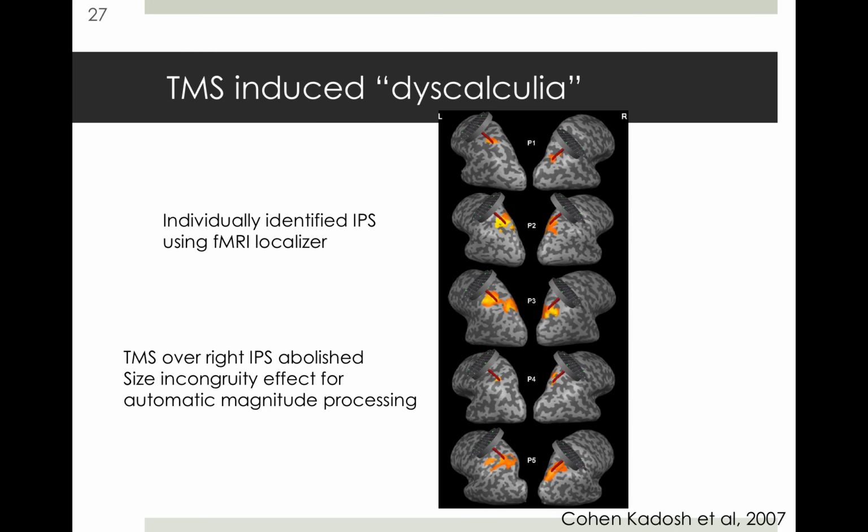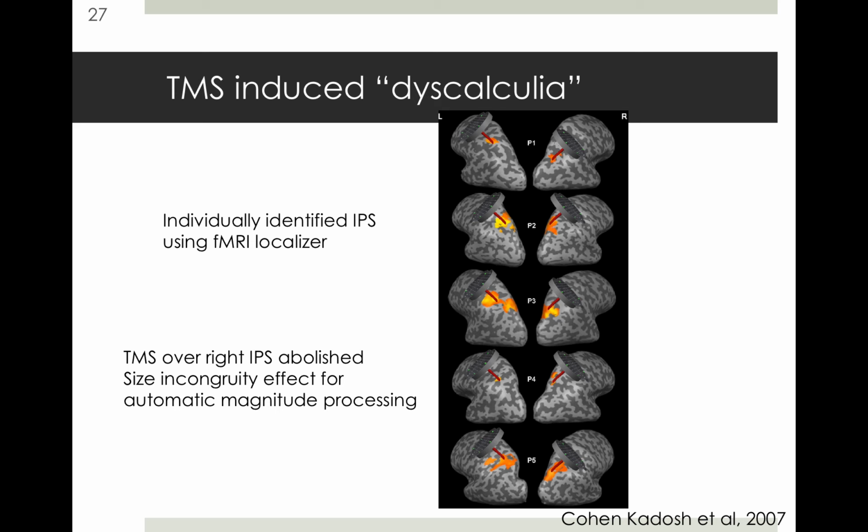And then for further causal evidence that the IPS is actually related, another group, in addition to using functional MRI to define the IPS, also took a TMS setup, and they actually zapped, or stimulated, the IPS on normal subjects who don't have dyscalculia.